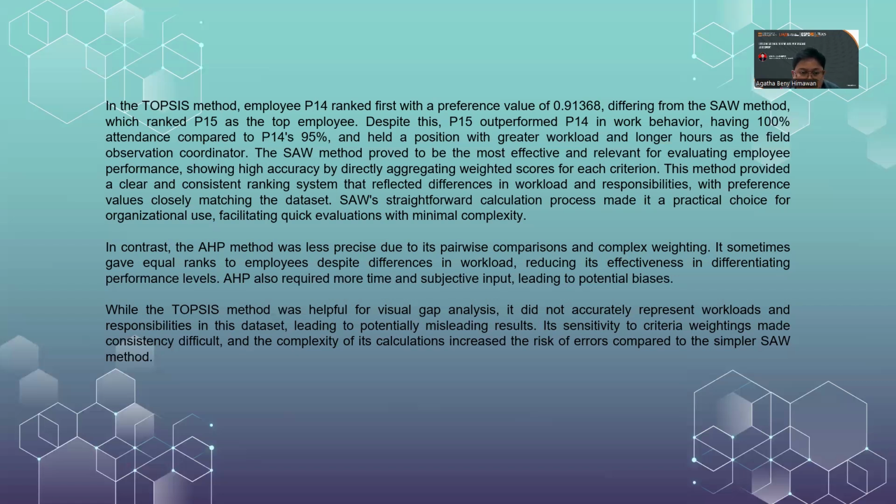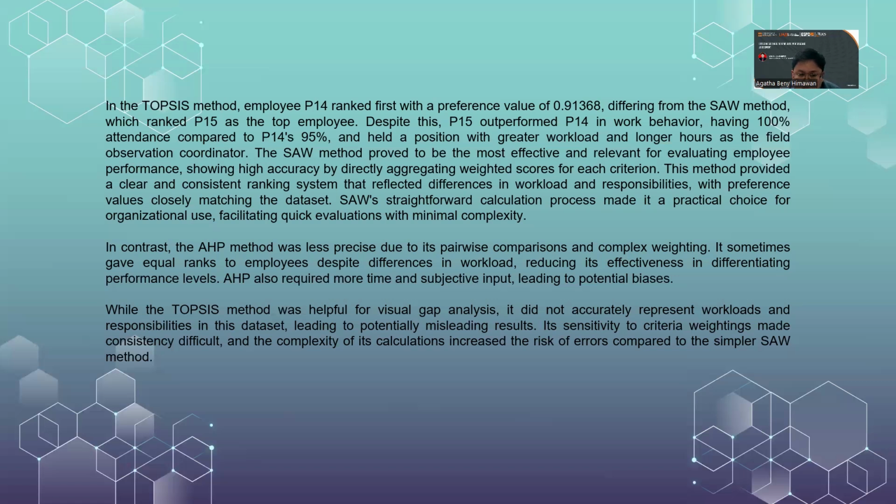minimal complexity. In contrast, the AHP method was less precise due to its pairwise comparison and complex weighting. It sometimes gives equal rank to employees despite differences in workload, reducing its effectiveness in differentiating performance levels. AHP also requires more time and subjective input, leading to potential biases.